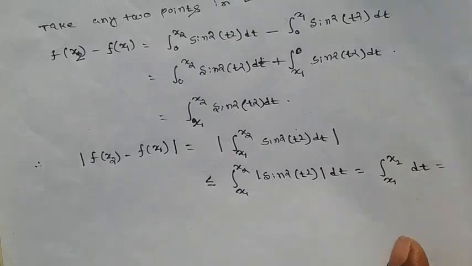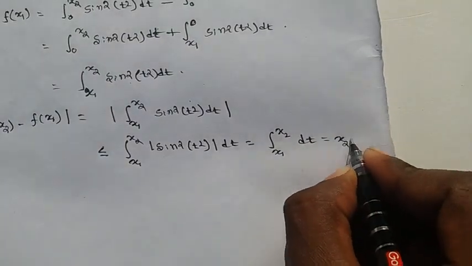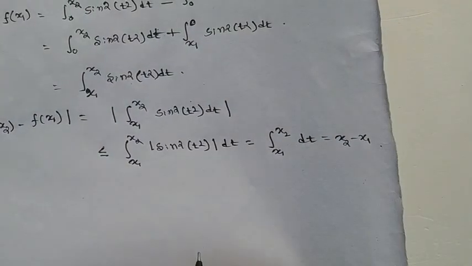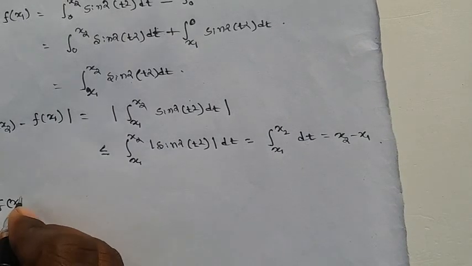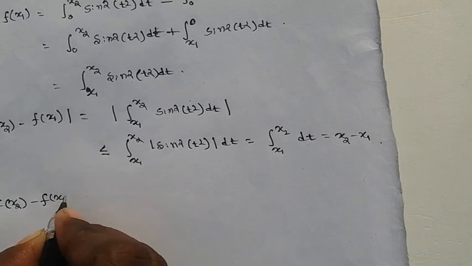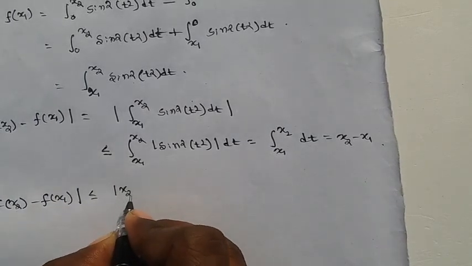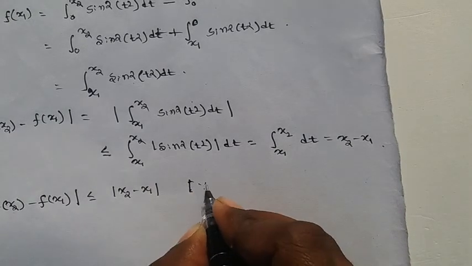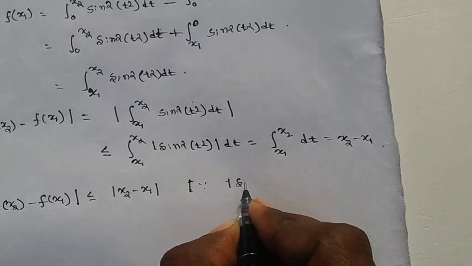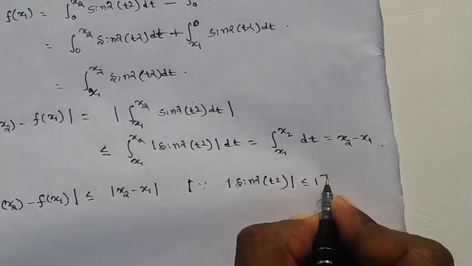So this is x2 minus x1, and so mod of f of x2 minus f of x1 is less than or equal to mod of x2 minus x1, since mod of sin square t square is less than or equal to 1.